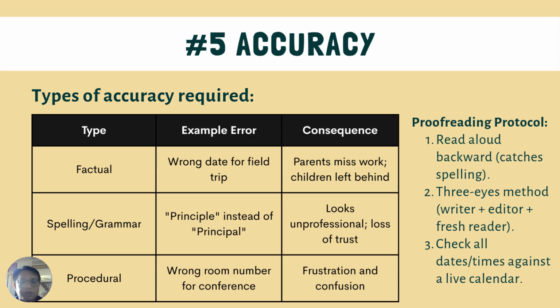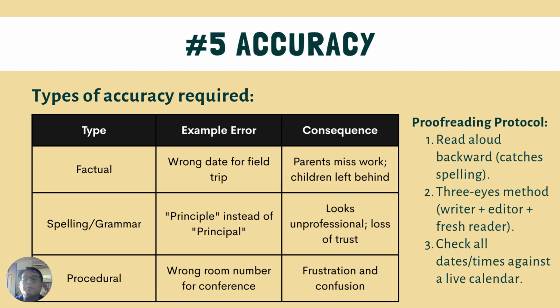So, sometimes mo-ma-confuse mo sa principal and principle, right? So, make sure nga i-check pud ninyo ang spelling because one is a person, one is an idea. Those are two different things. And procedural, saying submit forms to room 101 when it's actually room 110. So, those are the types of errors that you have to avoid.